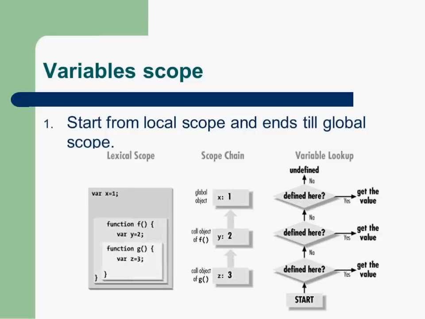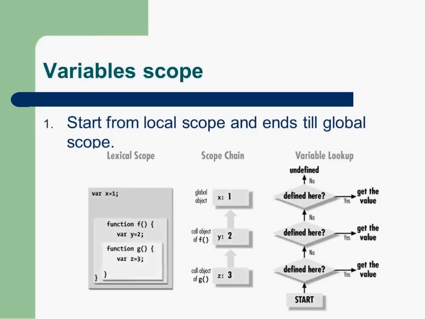Lexical scope is like code-based scope. If you look at these rectangles, the outermost is the global scope. Then one is the scope inside the function f, and the innermost rectangle shows the scope of the function g inside f. That's the scope chain. Every time you try to access any variable, JavaScript first checks the current local scope.